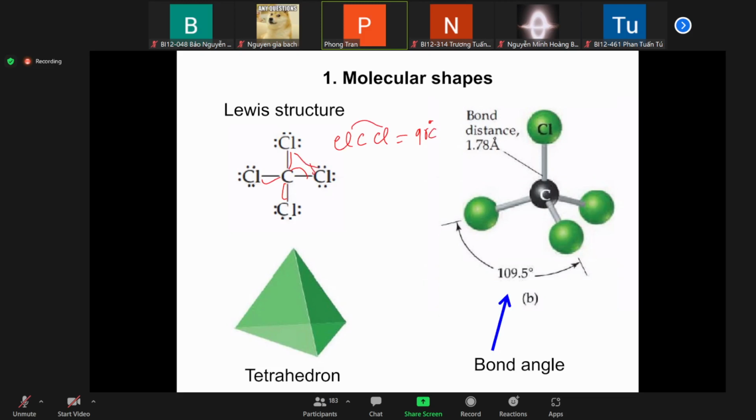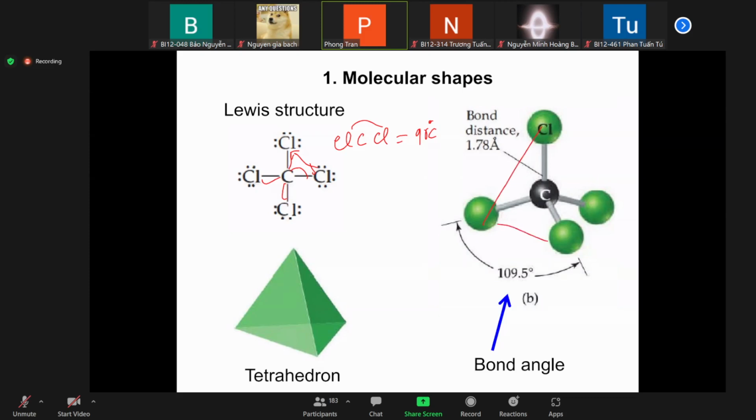But that is what we imagine from the Lewis structure in 2D on paper. In reality, when we take this compound and get the real structure by diffraction, we have the molecule in 3 dimensions like this one.